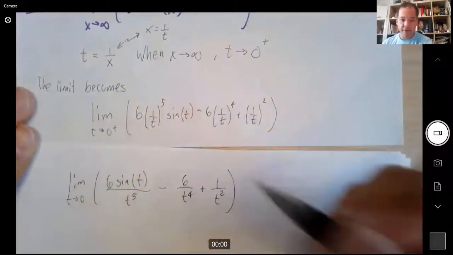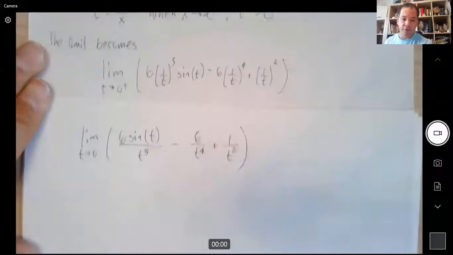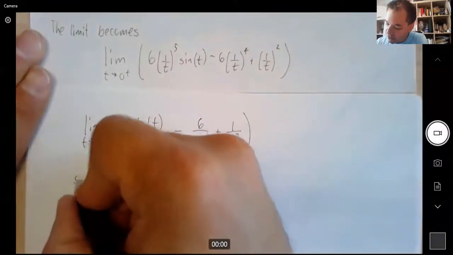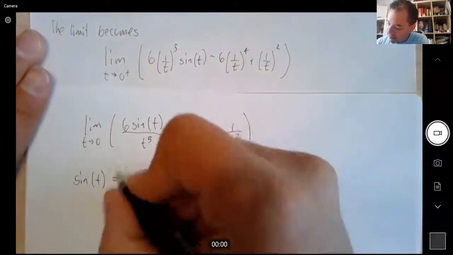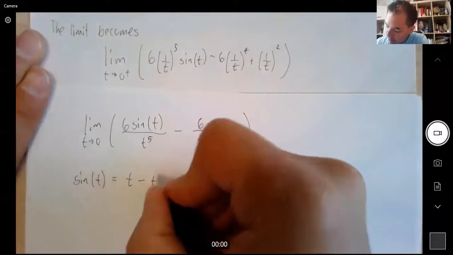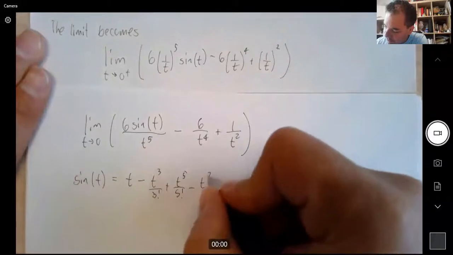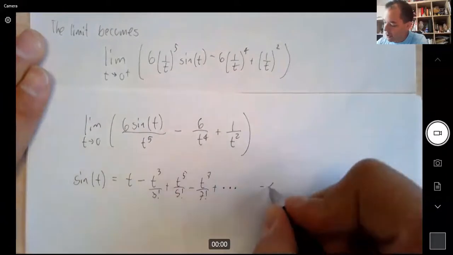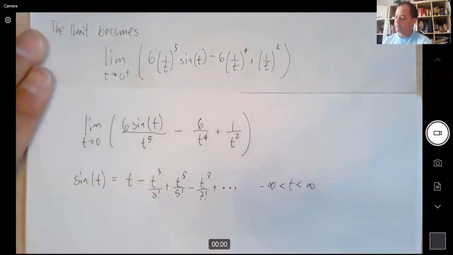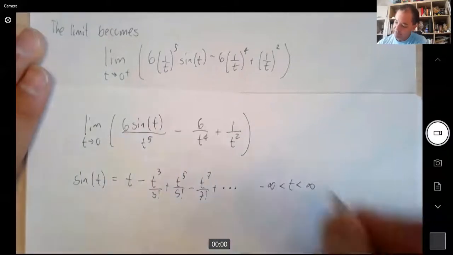I just simplified this. And now I'm going to plug in what sine t stands for. So what does sine t stand for according to its Taylor series centered at 0? Well, it is t minus t cubed over 3 factorial plus t to the fifth over 5 factorial minus t to the 7 over 7 factorial, etc. Right? And this is good for any t. So I can freely substitute it here. So I can multiply it now by 6 and divide by t to the fifth and see what happens.